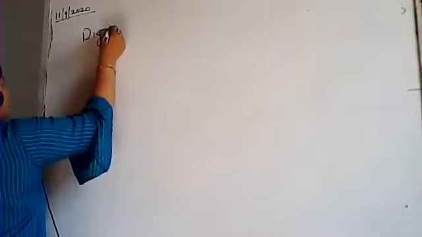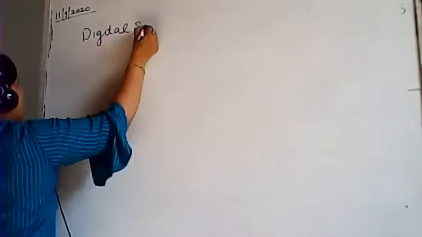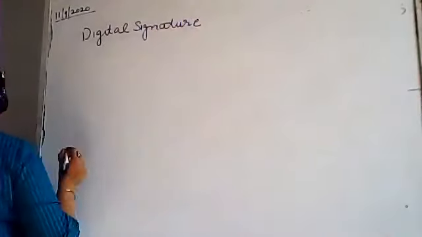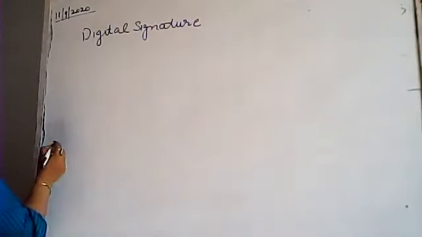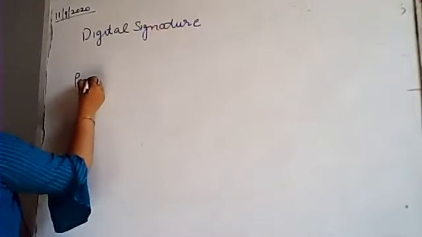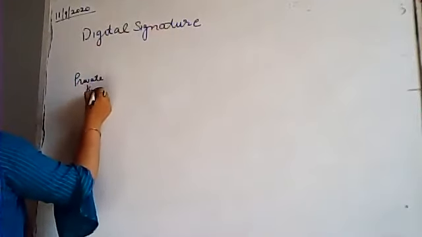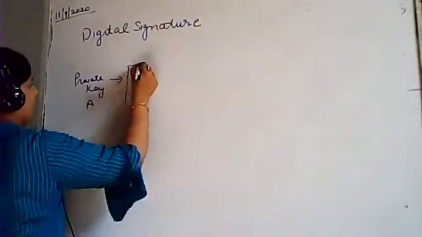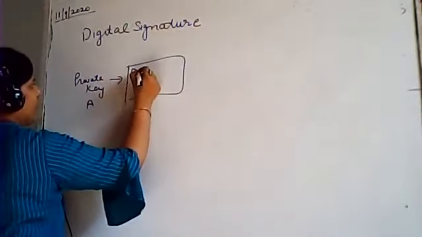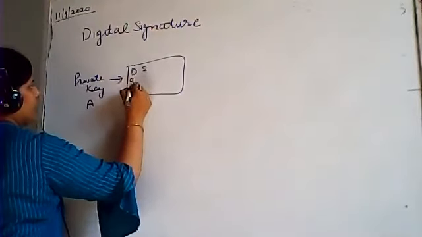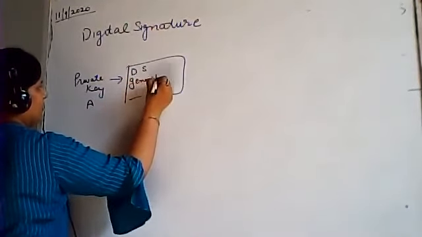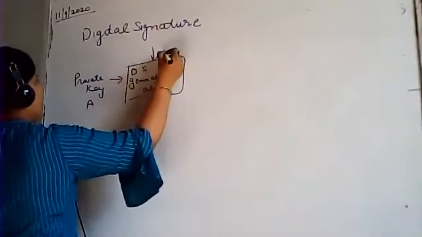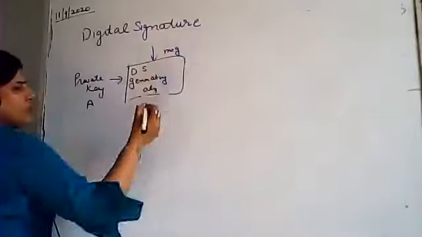So there is another concept, the digital signature. What is this digital signature? We have a private key over here. Next, we have the digital signature generating algorithm. Here we are also getting the message.